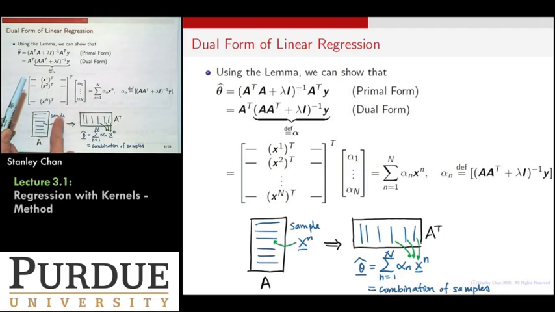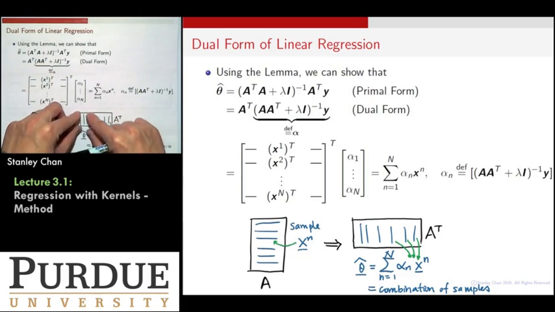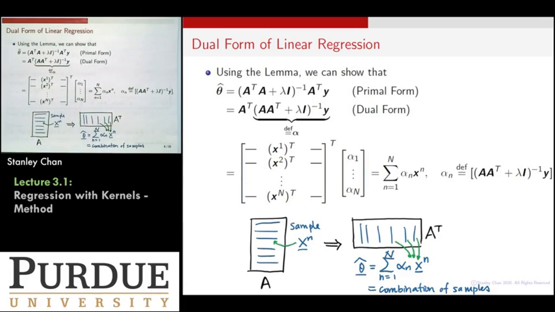All these rows become column vectors. Since you put a transpose outside, you will turn this A matrix into a matrix in which each column represents a data point. And now you're forming the linear combination of all these data points. That will give you this, the summation of alpha n and xn. This is how you can get to the expression I want.